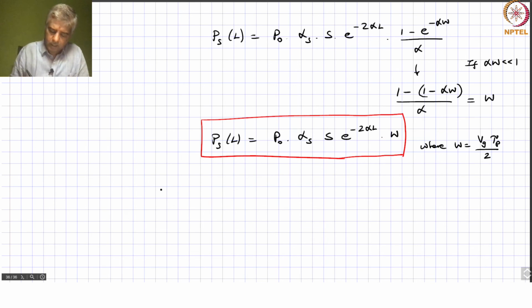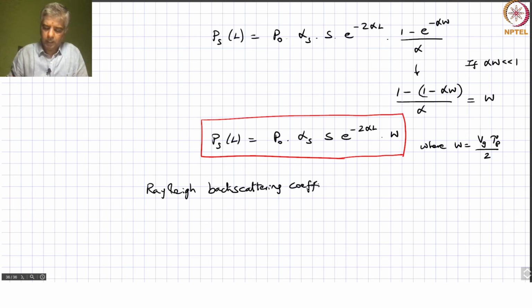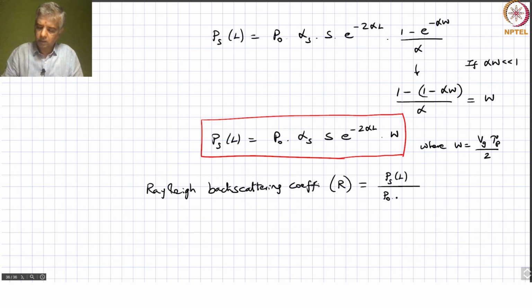That's what you call a Rayleigh backscattering coefficient, that you typically represent as R. So R is actually given by PS of L divided by P naught, and now we have a background loss, right?